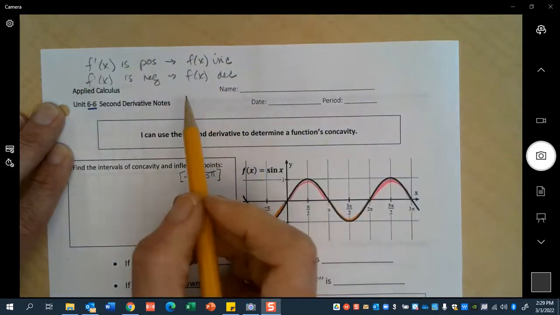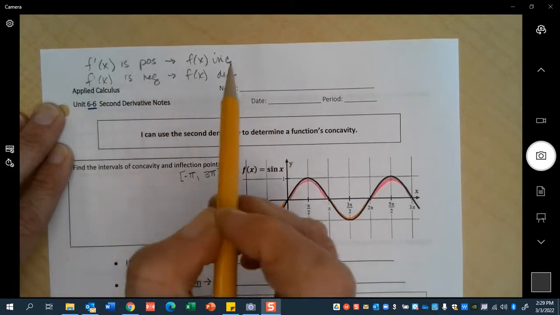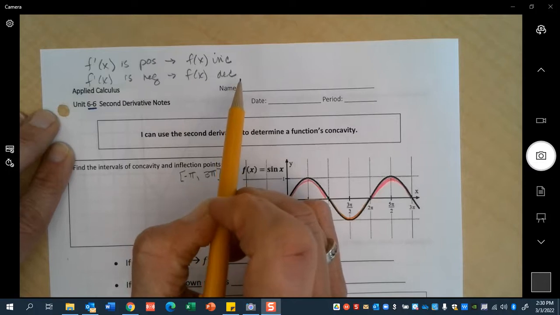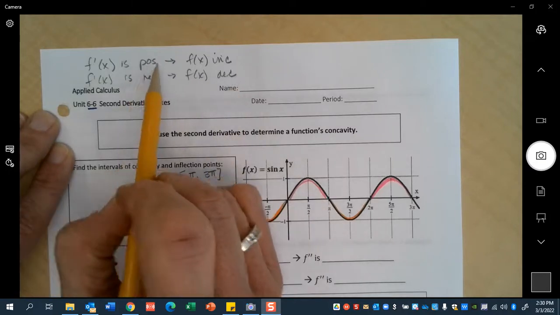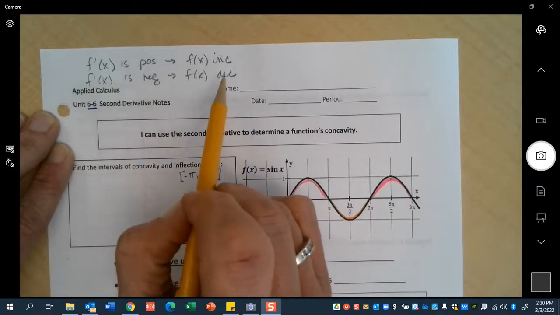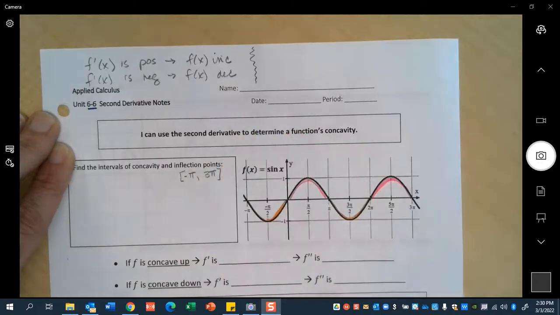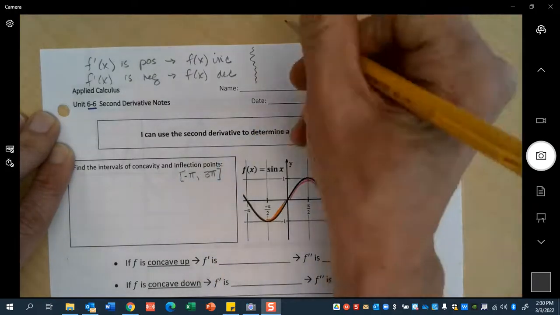So we need to pay careful attention to whether we're talking about the sign of the derivative and the impact that it has on my function. A positive derivative, increasing function; negative derivative, decreasing function. With this lesson, we're going to be talking about my second derivative.